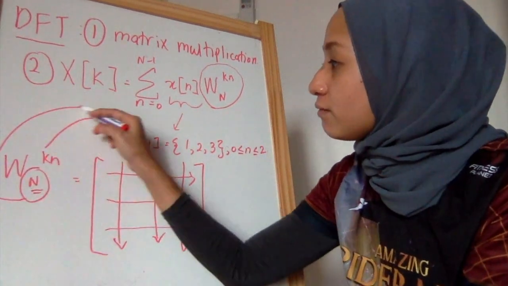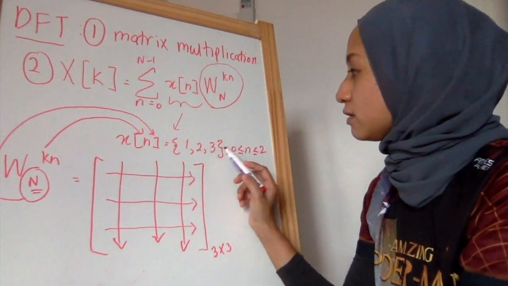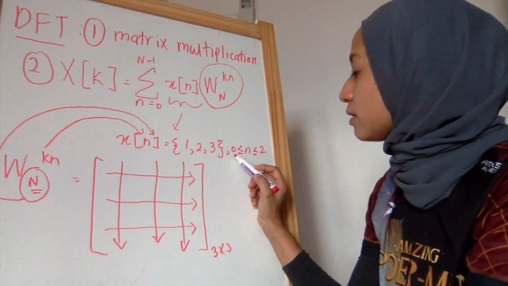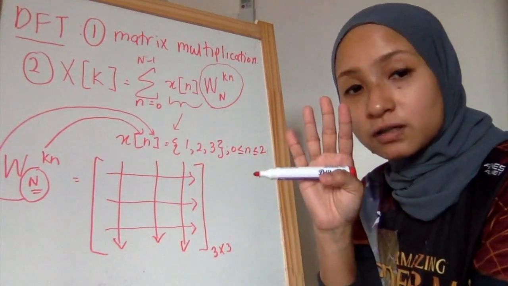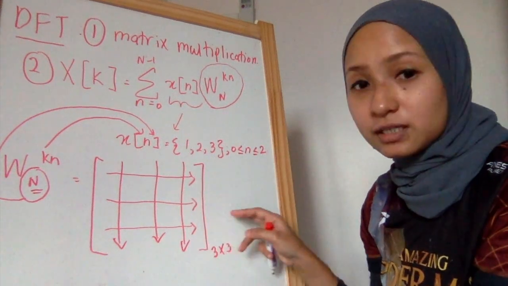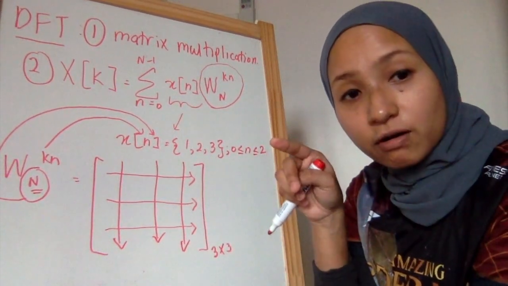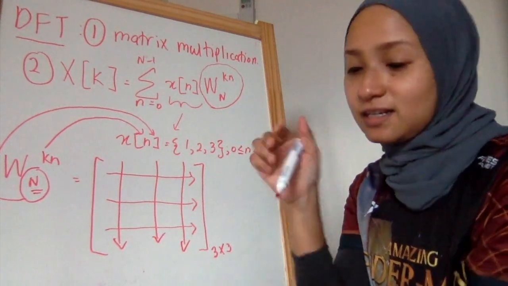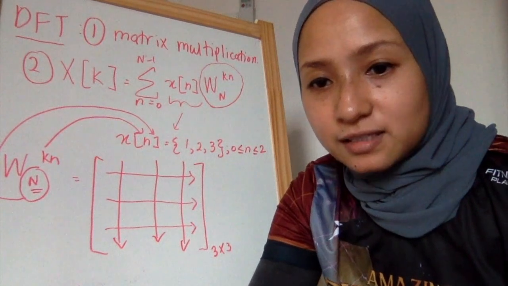It is coming from your s[n]. If your range is from 0 to 3, then the length is 4, so the matrix dimension is now 4 by 4 instead of 3 by 3. Understand? Okay, cool. Next.